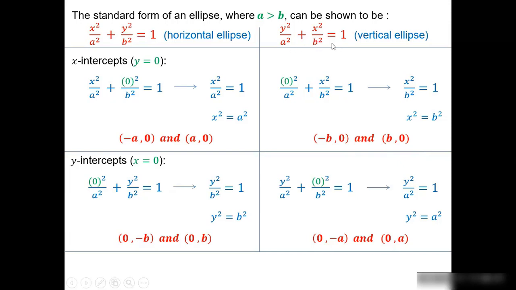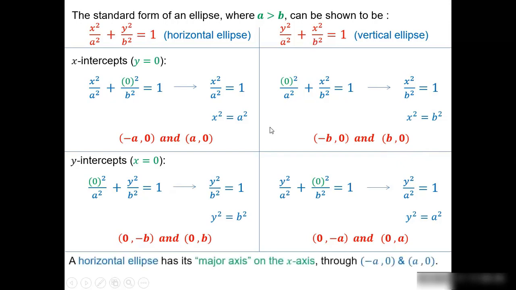Likewise, if you look at a vertical ellipse, the process is identical, except now the larger number, a, is going to be what the y-intercepts are, while the b value describes the x-intercepts. So in general, a horizontal ellipse has what we refer to as its major axis on the x-axis.